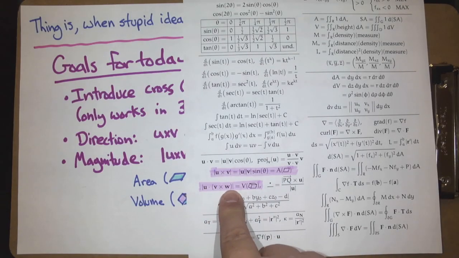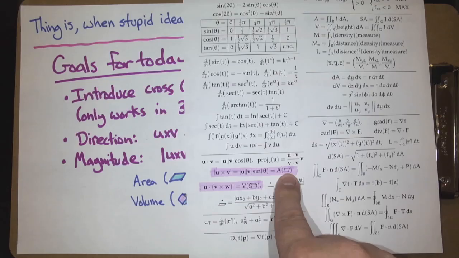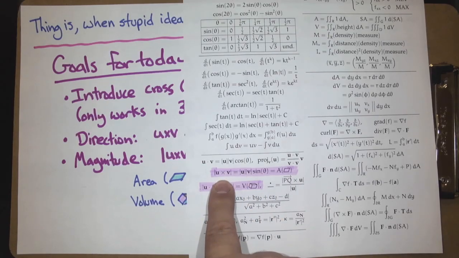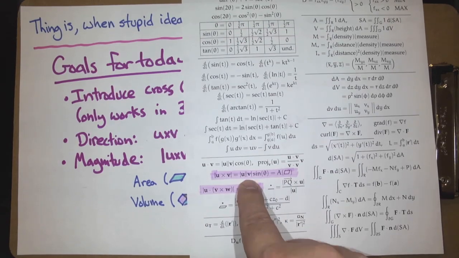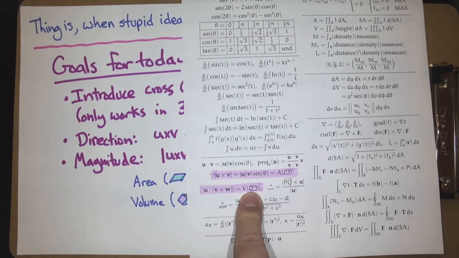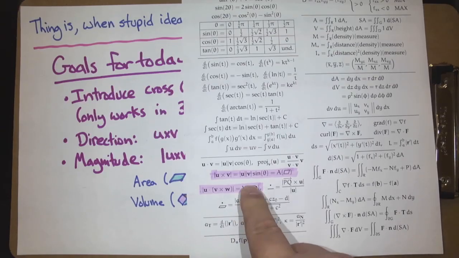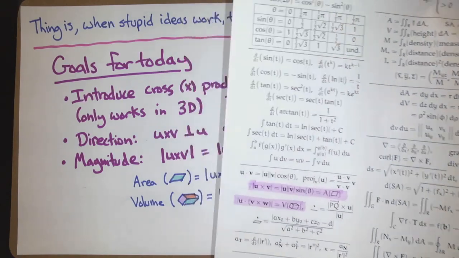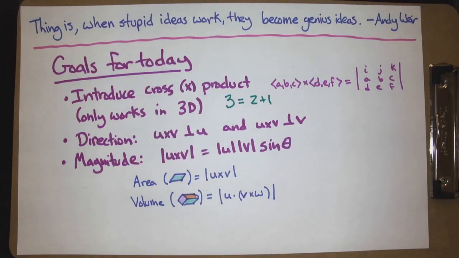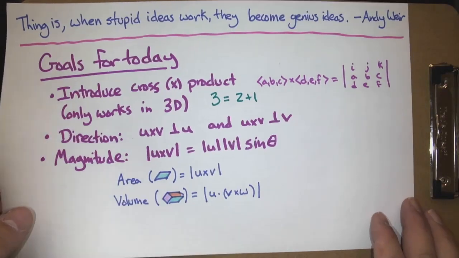So the area of a parallelogram is the magnitude of a cross product, which is the magnitude of u, magnitude of v sine theta. And then if you want the volume of a parallelepiped, think box. So you may see the word box product. It comes from a dot product times a cross product, and then you take the absolute value. All right, so that's where we're going. It will be a fun day.